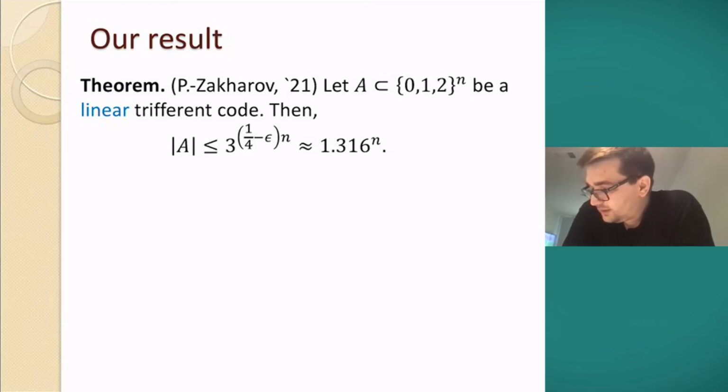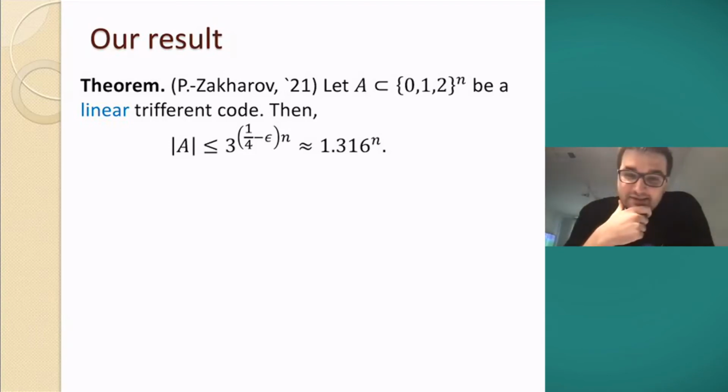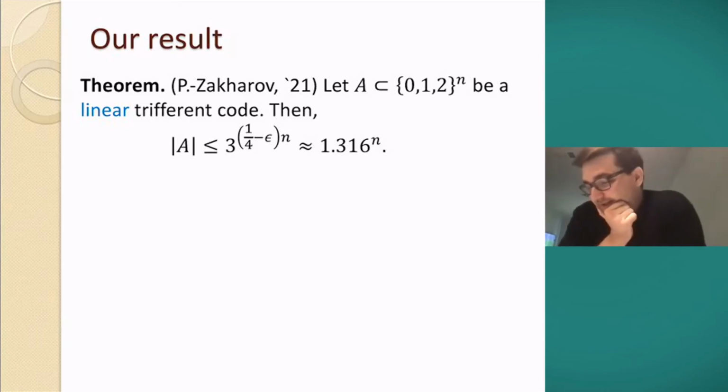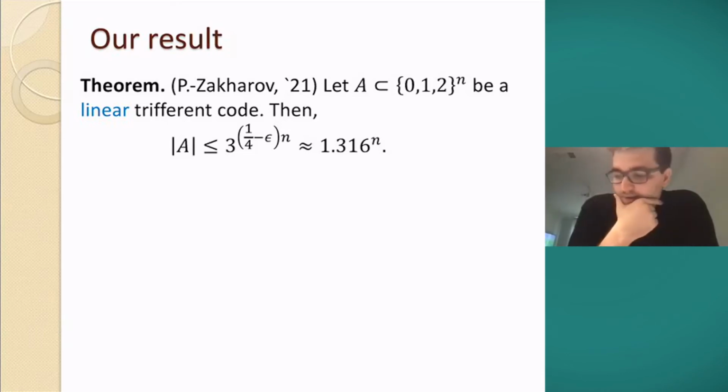So with Dimitri, we showed that, if I give you a linear Trifference code, which meant a Trifference set in this box, which when regarded as part of F3 to the n is also a linear subspace, then the size of A is at most this constant 1.3.16 to the n. So a bit better than 1.5 to the n.